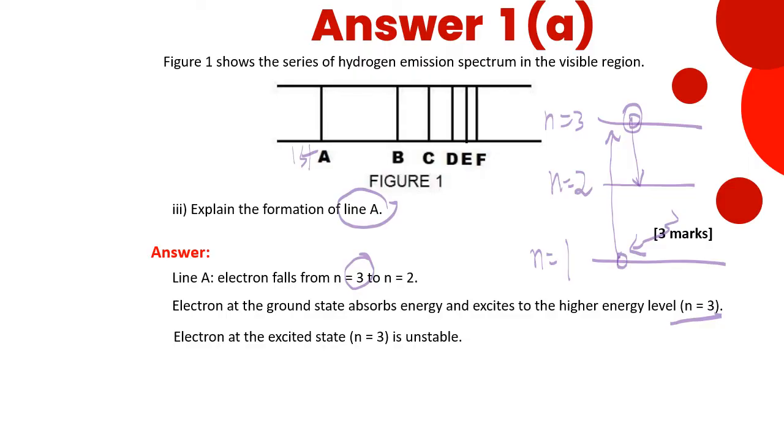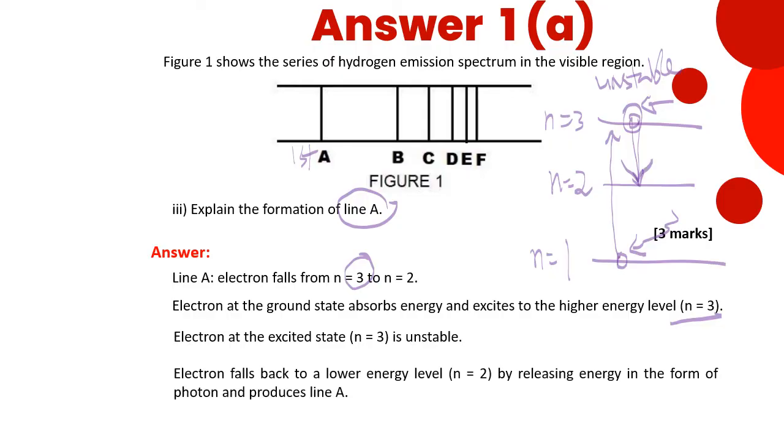And it is very unstable here because high energy will make you very unstable. So you cannot be here for long. So what happened to this electron? This electron will try to drop to n equal to 2 by releasing energy in the form of photon. Photon is light, and you will see a line that is corresponding to line A. You got it?